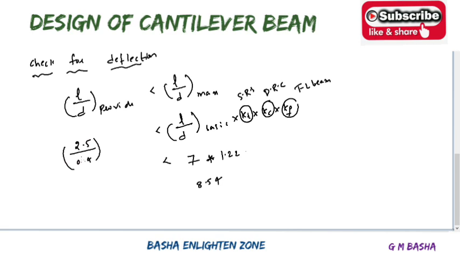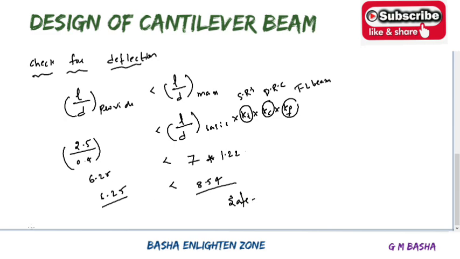So how much will you get? 2.5 by 0.4, so it will be 6.25. So you provided 6.25, but the maximum allowed will be 8.54. Whatever you provided is lesser than the maximum allowed for the beam. Therefore, your deflection is safe.